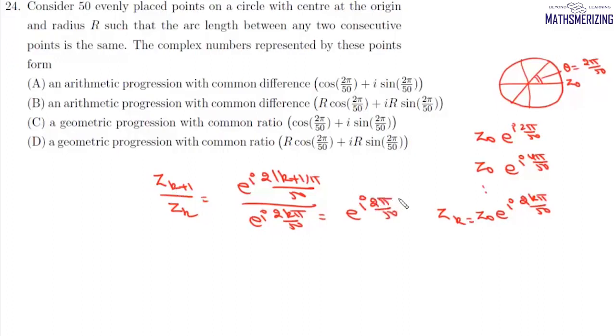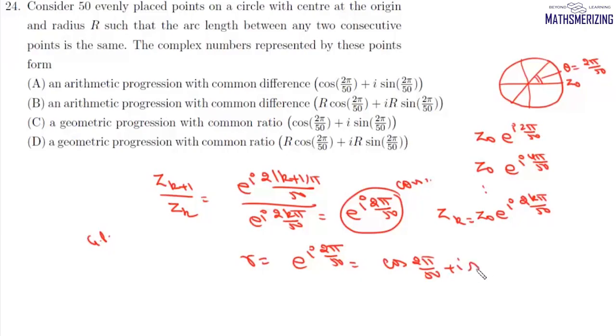Now this ratio is independent of k. So this ratio is constant. And when the ratio is constant, the numbers are in GP. So it represents a GP whose common ratio is e to the power iota 2 pi by 50, or we can write this as cos 2 pi by 50 plus iota sine 2 pi by 50, and that's your option C.